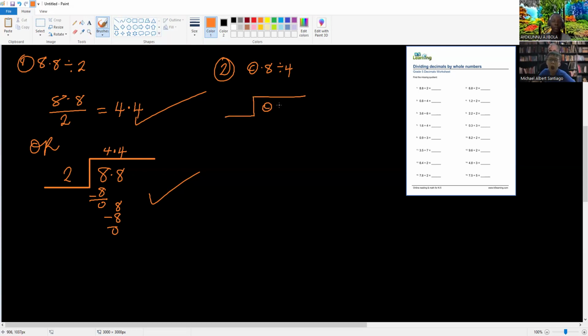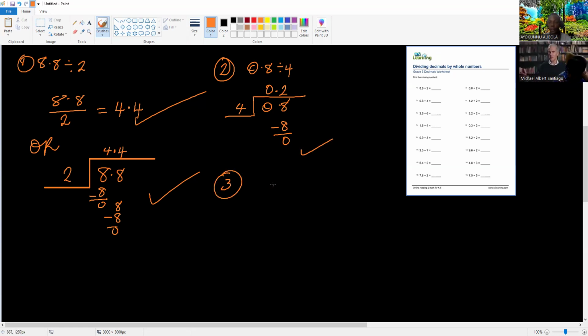So you have 0.8 here. Can you hear me? Yes. So can 4 divide 0? No. How many 4 in 8? That's 2. 2 times 4 is 8. Then you subtract. Then you have 0, okay? So that would be 0.2.